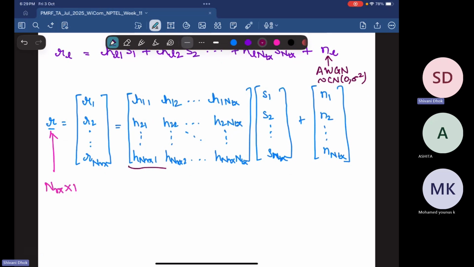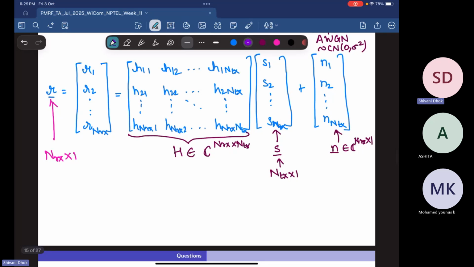So this is your R vector, this is your H matrix, of dimension NRX cross NTX, this is your S vector, with dimension NTX cross 1, and this is your AWGN vector with each entry IID. So this is N, which is again NRX cross 1.